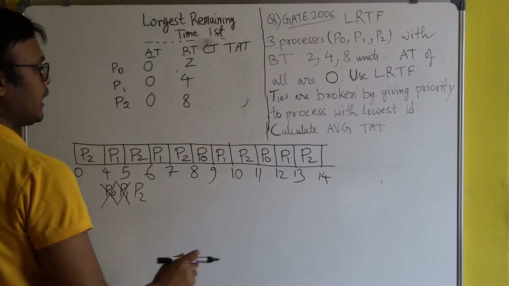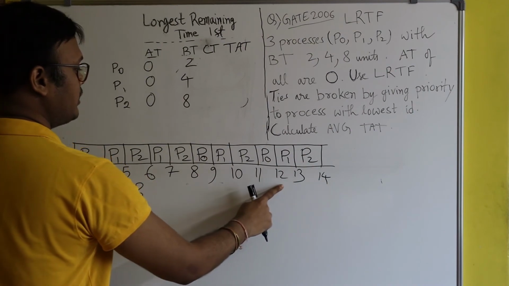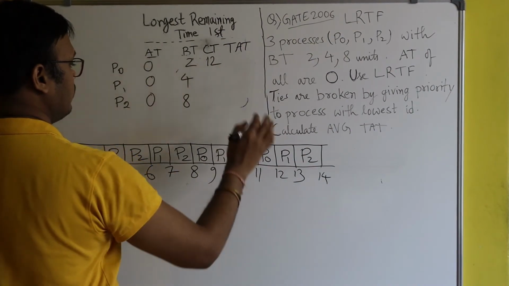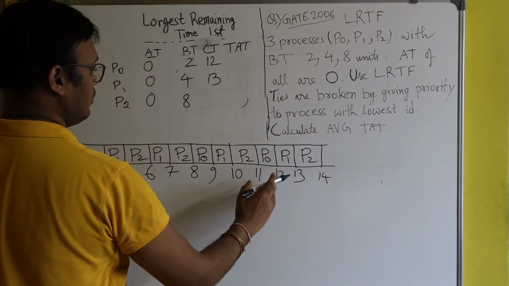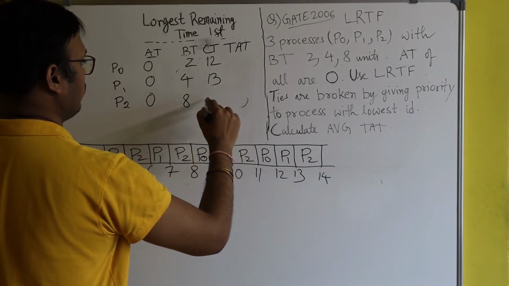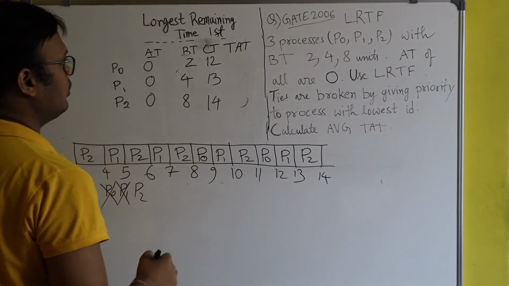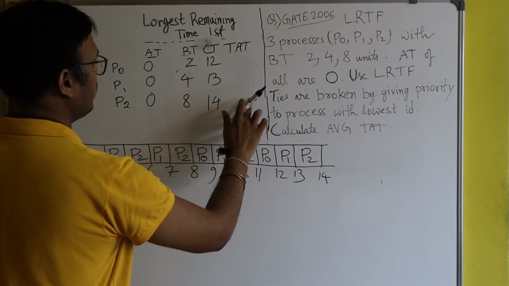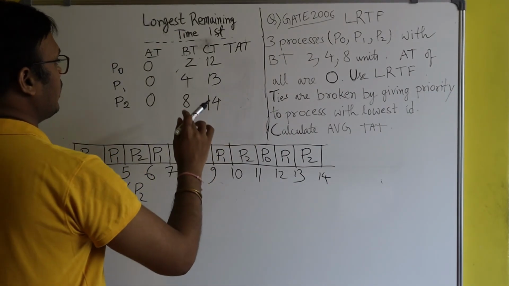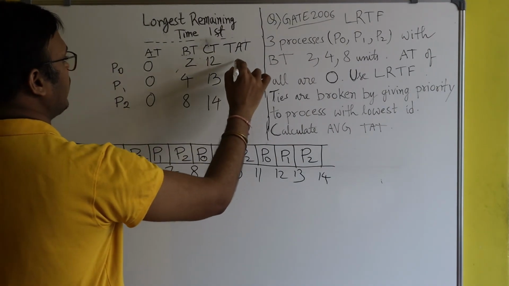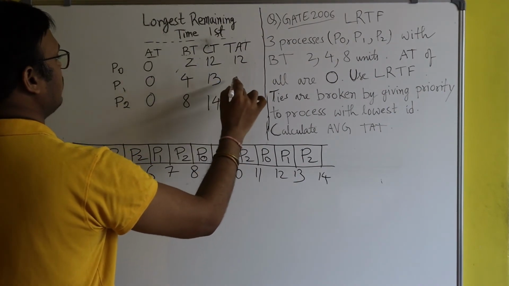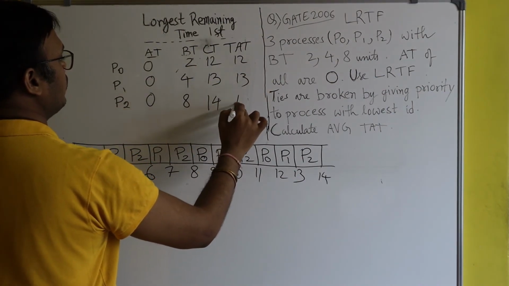What's the completion time of process P0? 12. Process P1? 13. And process P2? 14. Now let's calculate the turnaround time. What's the formula? Completion time minus arrival time. So 12, 13, 14.